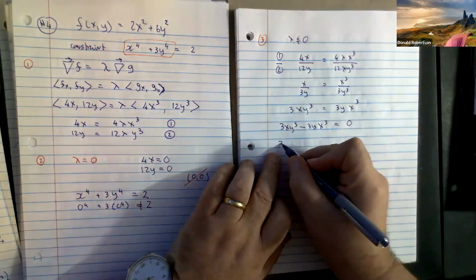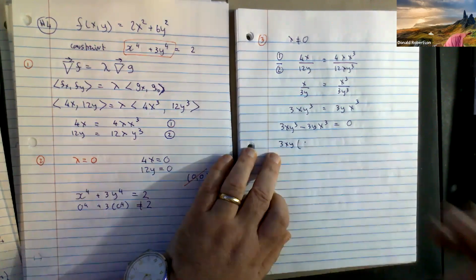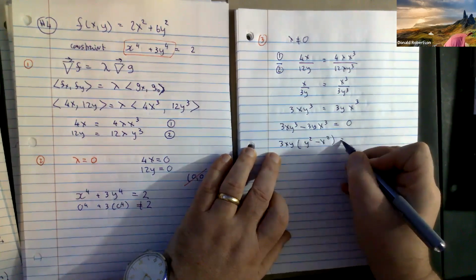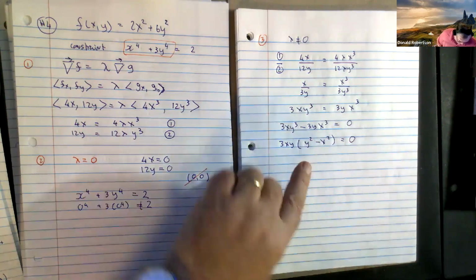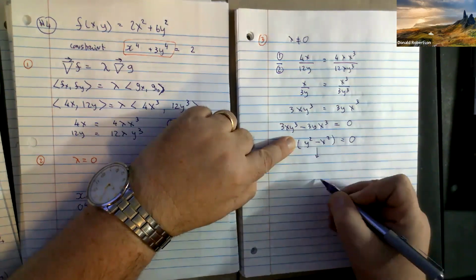Now, if I pull out 3x and y as a common factor, I'm left with that. And our goal is to have relationships, right? Connections where y is in terms of x. Now, I'm going to forget about these guys until the end, and I'm going to focus on this one.